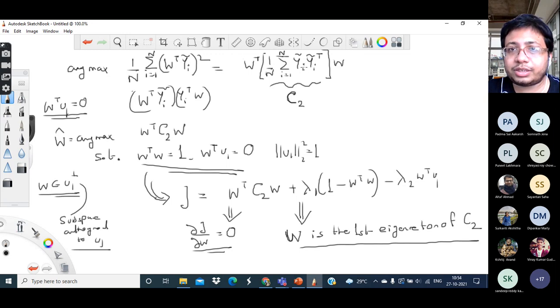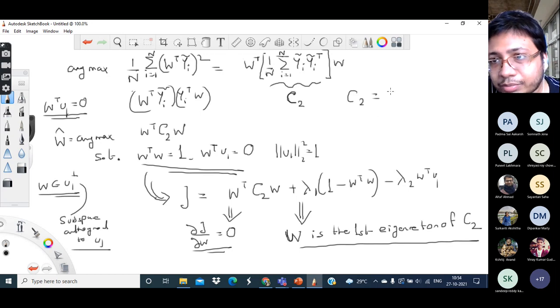But what is C2? C2 is this thing. C2 is equal to 1 by n, sum over i equal to 1 through n, of yi tilde times yi tilde transpose. But what is yi?